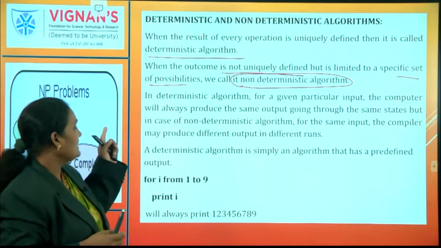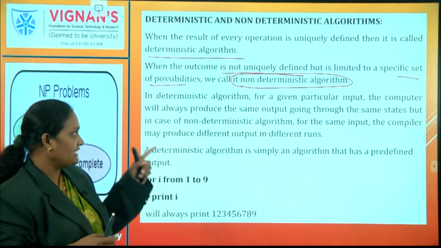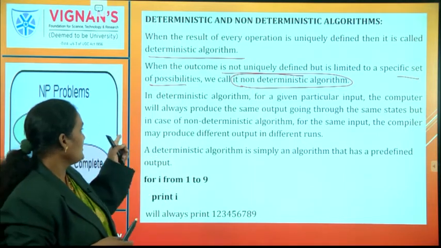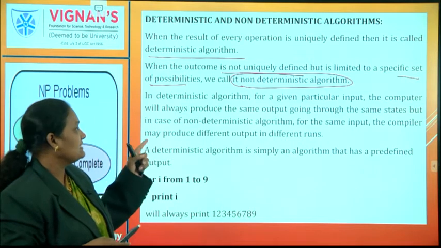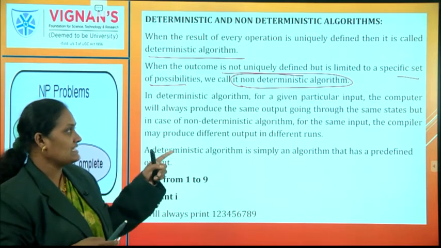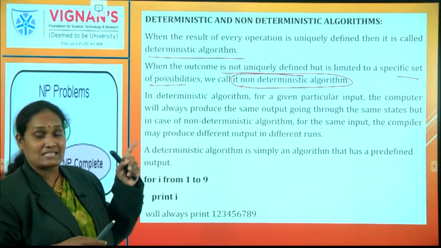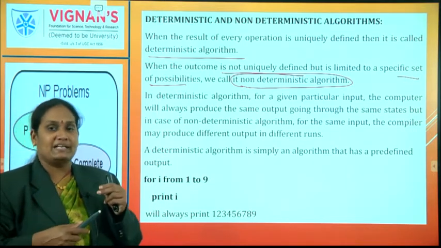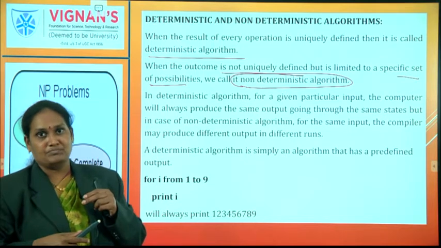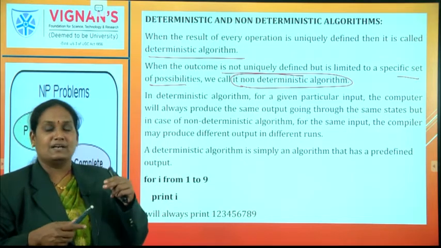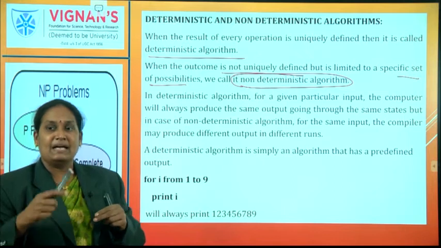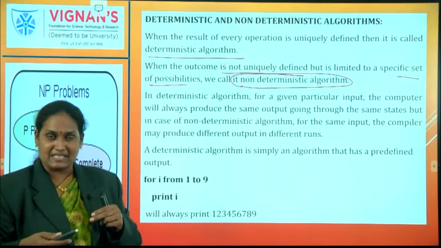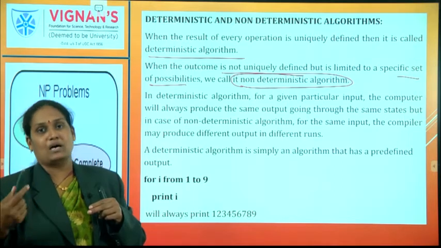In a deterministic algorithm, for a given particular input, the computer always produces the same output going through the same states. So if you implement that algorithm in a system, for the same input, any number of times you execute, it gives the same output.